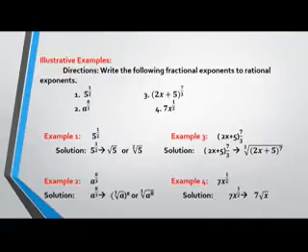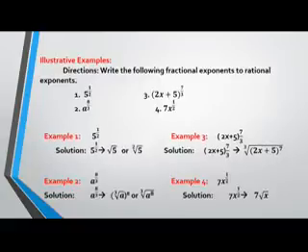Our example number 3 has an expression of 2x plus 5 raised to the power of 7 over 3, which is just equal to the cube root of 2x plus 5 raised to the power of 7, where the expression 2x plus 5 becomes our base and its exponent is 7.